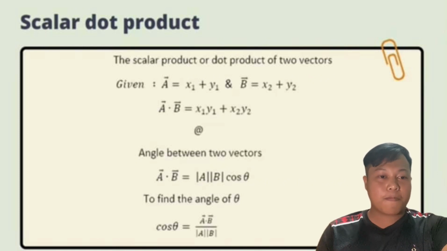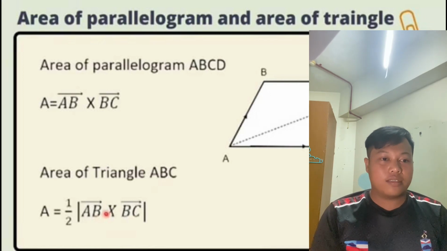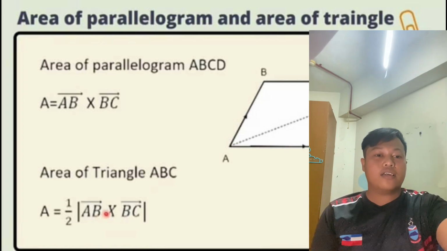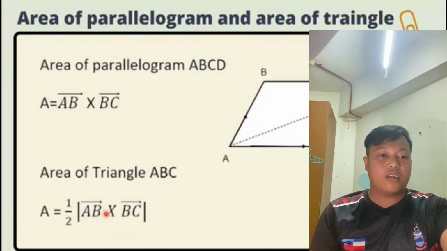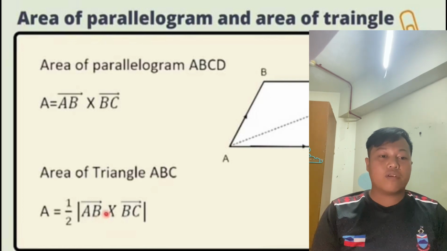Next slide. Here we have area of parallelogram and area of triangle. So here we have the example, the area of parallelogram ABC: A equals vector AB cross vector BC.